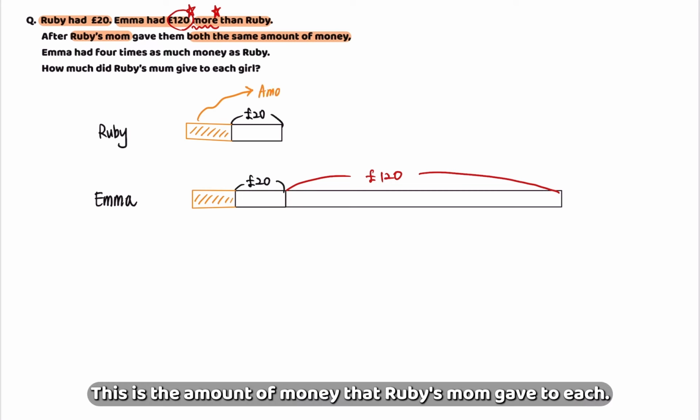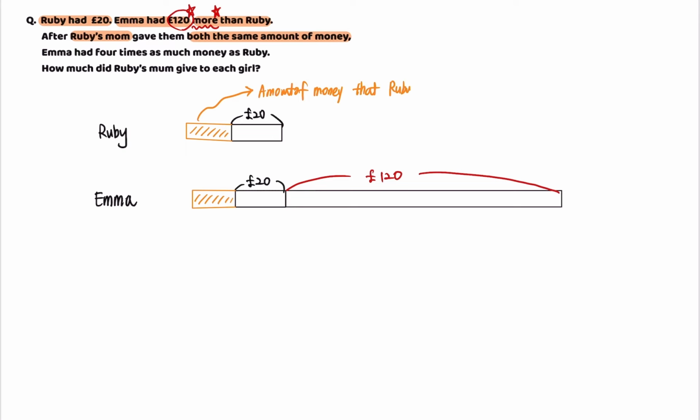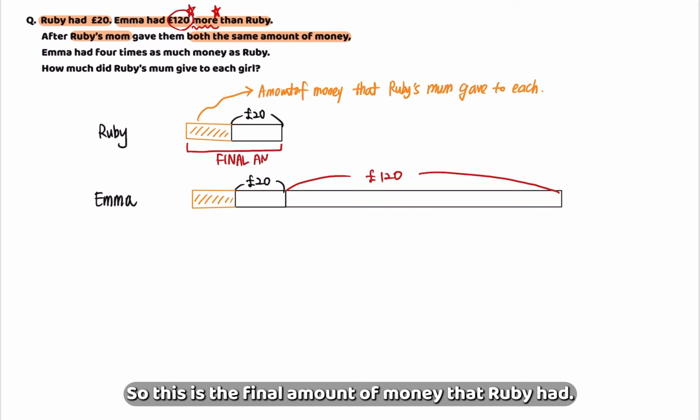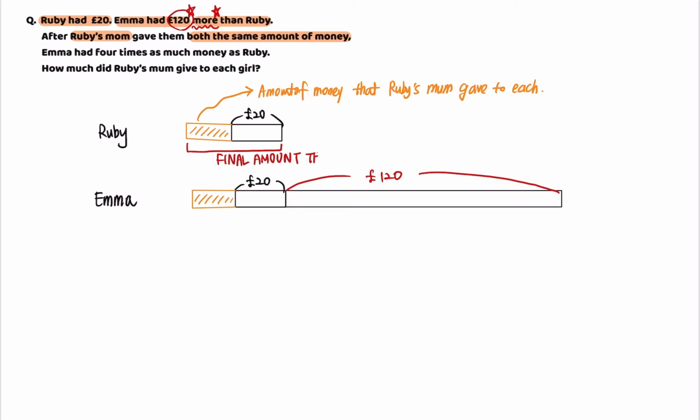This is the amount of money that Ruby's mom gave to each. So this is the final amount of money that Ruby had.